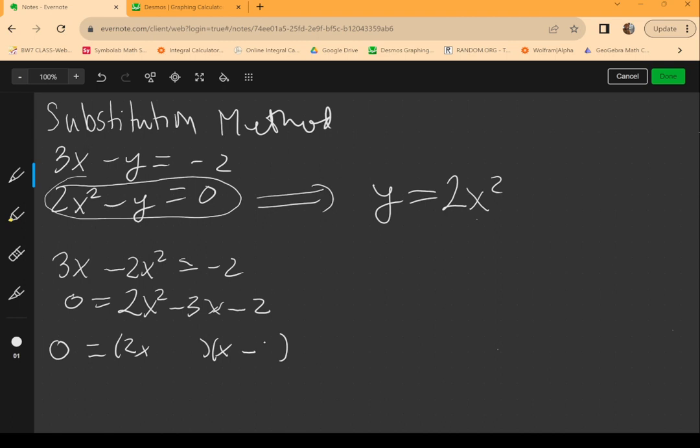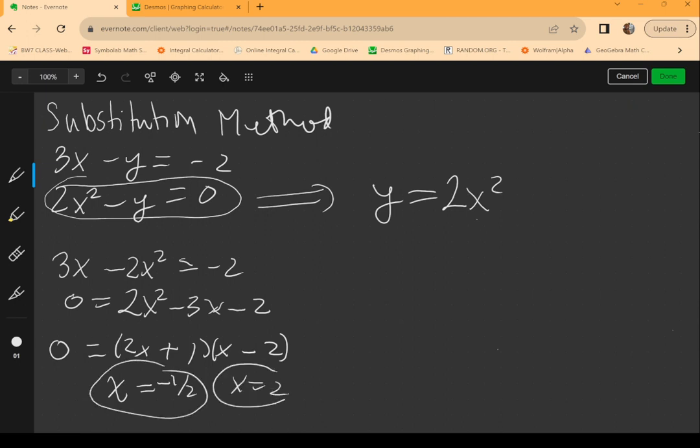Minus 4 plus 1, right? We need opposite signs there. So we get 2x squared minus 4x plus x for that minus 3x in the middle, and then minus 2 at the end. All right, and now we can see we have two values for x that make that 0.